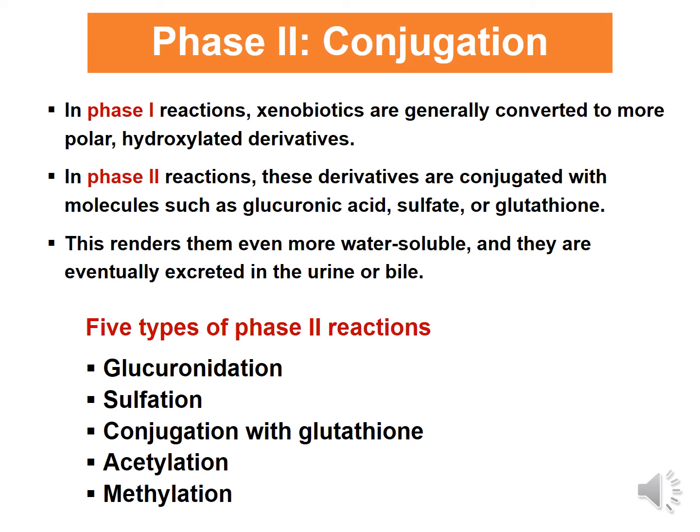This renders them even more water-soluble, and they are eventually excreted in the urine or bile. Five types of second phase reaction are known: glucuronidation, sulfation, conjugation with glutathione, acetylation, and methylation. And I will tell about all of them.